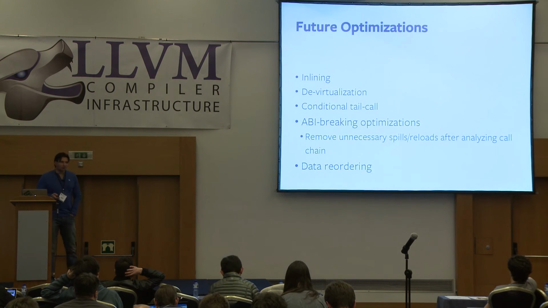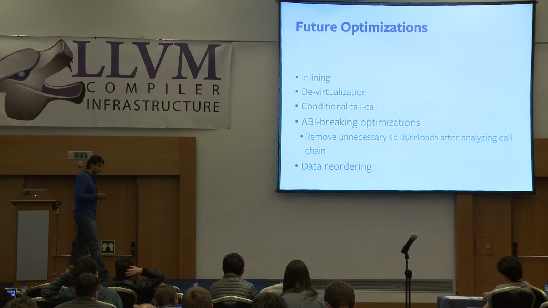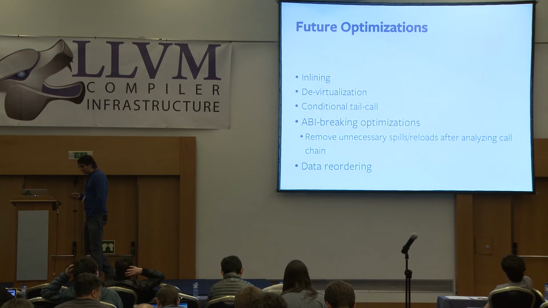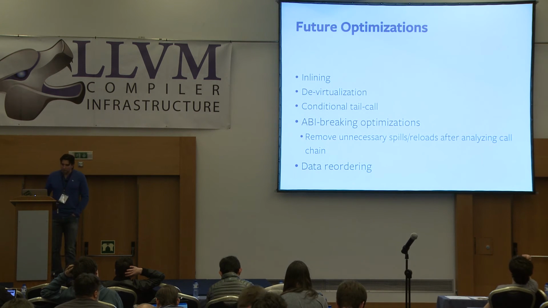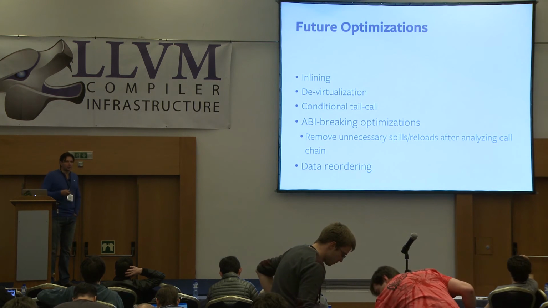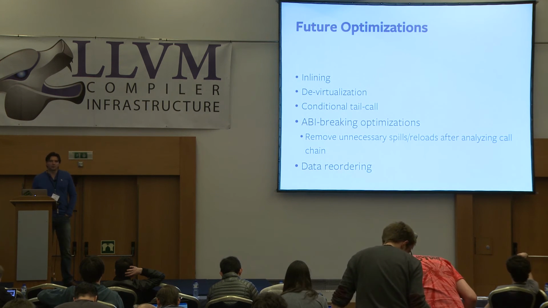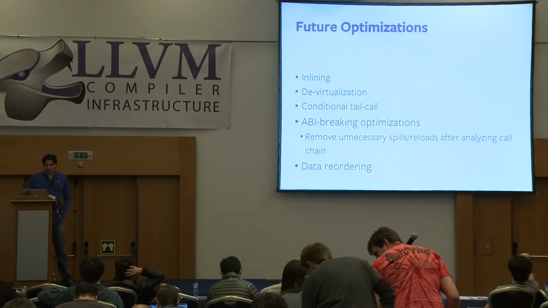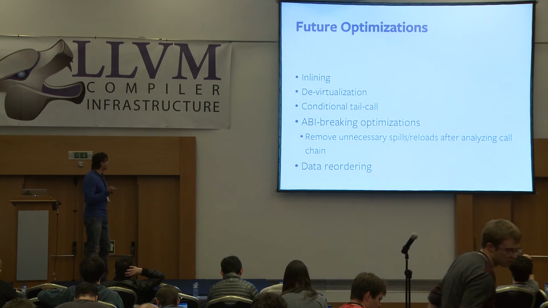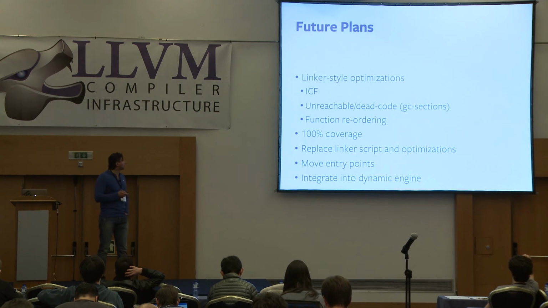We can also break some ABI considerations. For example, if we can analyze the function call chain, we can remove the redundant register fills and reloads. And something for the future, we can do data reordering to improve data cache performance.